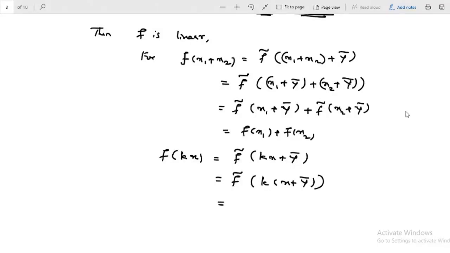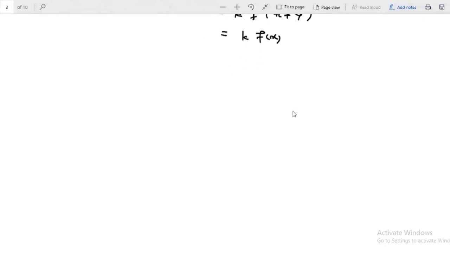F tilde is linear, therefore it is k into f tilde of x plus y bar is equal to k into f of x. Therefore f is linear, it is very clear. What about the continuity of f? For that, by theorem 6.2, it is enough to show that modulus f of x less than or equal to some positive constant in norm x. Okay, f is continuous to show you.